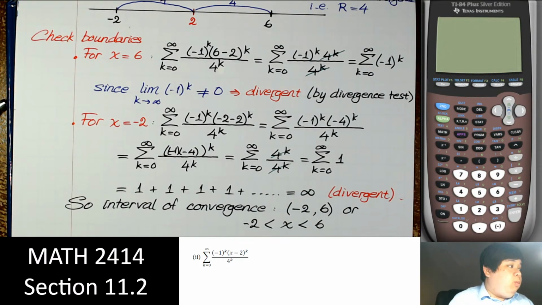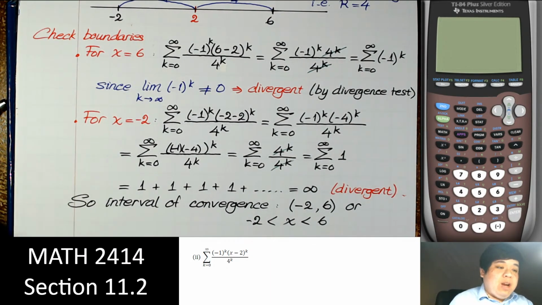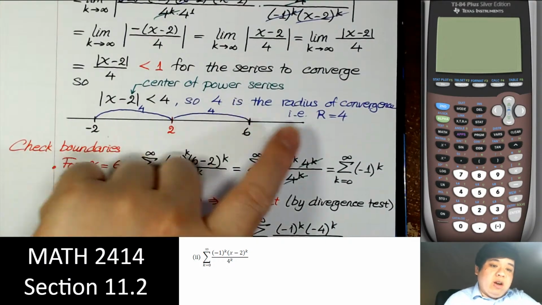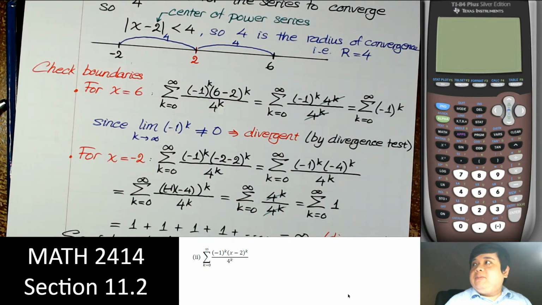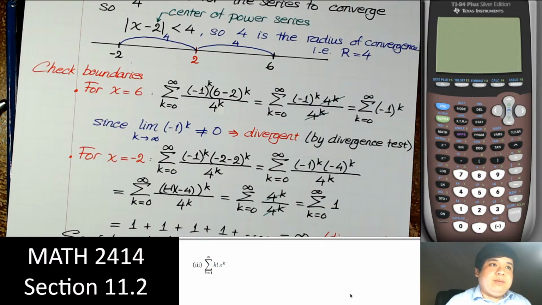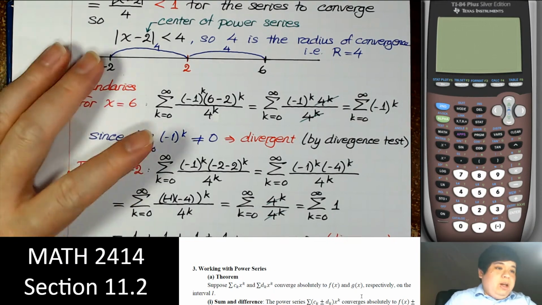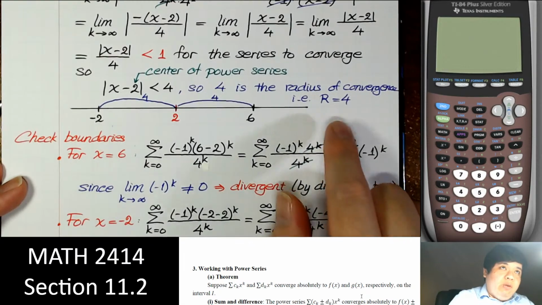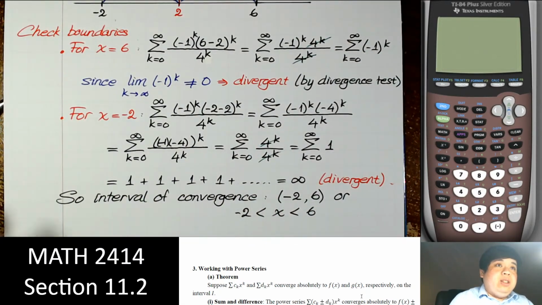Guaranteed, in some one of the homework problems or on the test review, we have the equal sign on one of them. So that's why we always have to check the boundary. When the radius of convergence is a constant, we need to check for boundaries. So use the ratio test, and that should give us the radius of convergence. And then if it is a finite number, check the boundary.